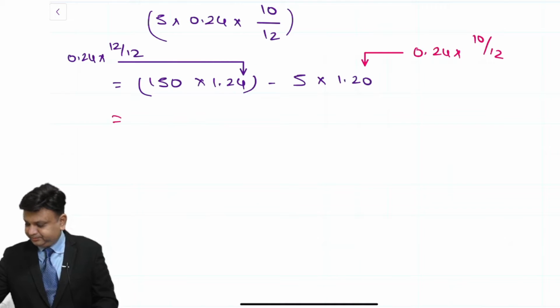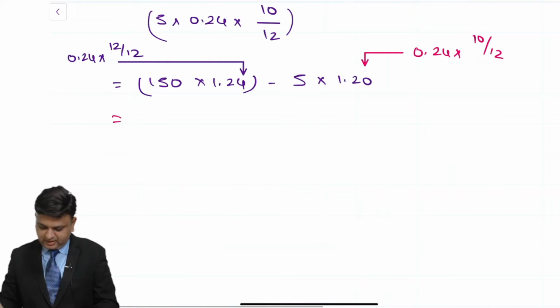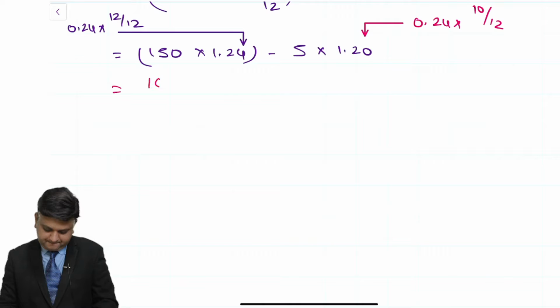So 150 into 1.24 comes to 186, minus 6, that comes to rupees 180.